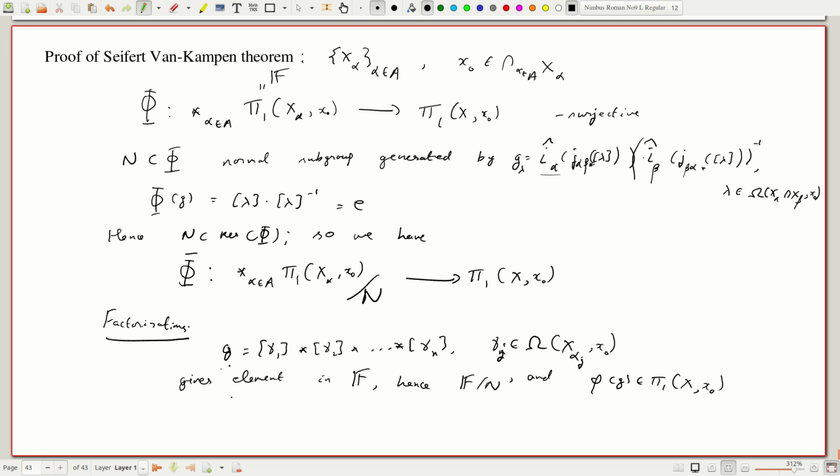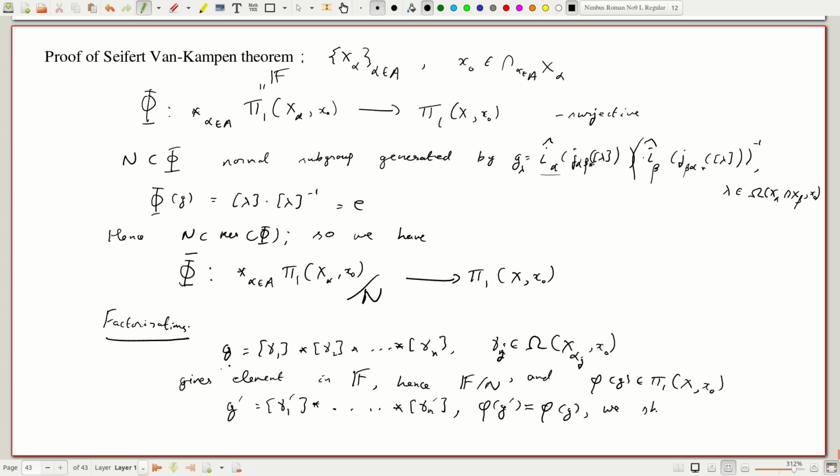So the structure of the proof is the following. Suppose we have g prime, which is gamma 1 prime star etc. star gamma m prime. And phi of g prime is equal to phi of g. They give you the same loop.